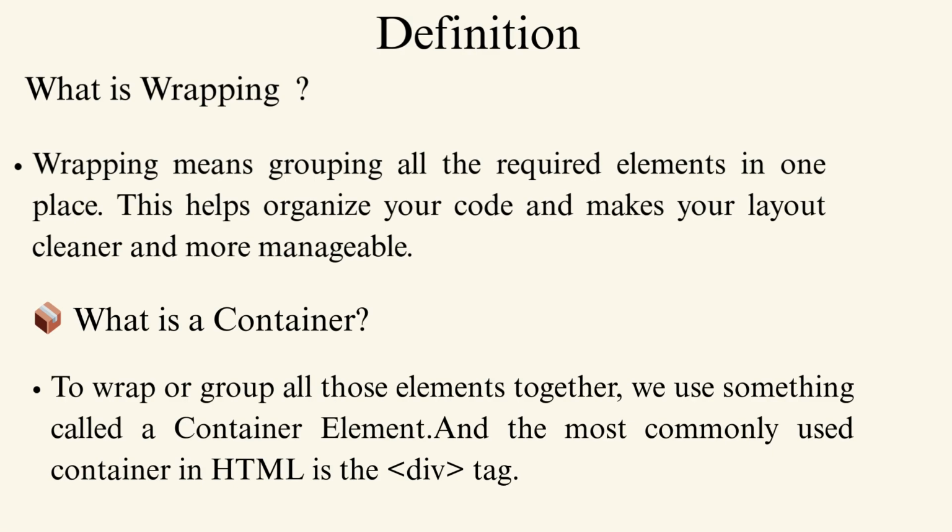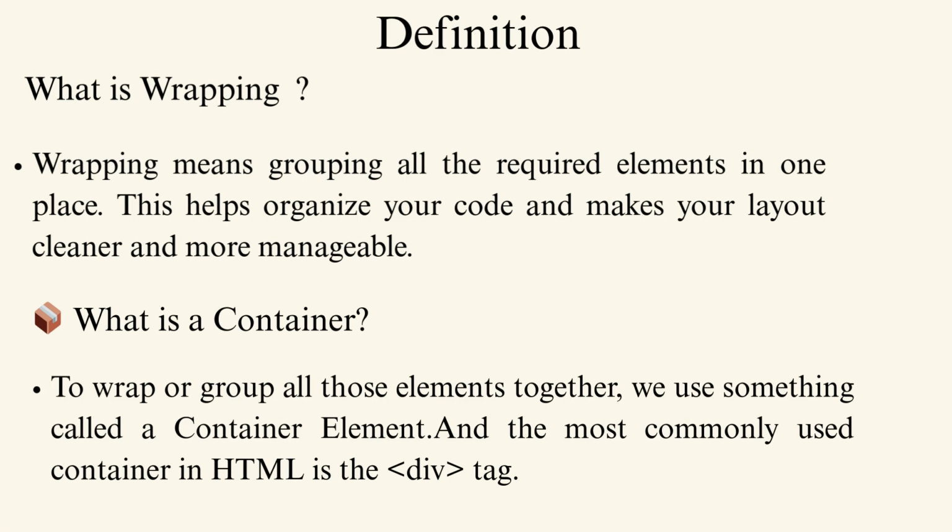Let's start with the definition. What is wrapping? Wrapping means grouping all the required elements in one place. This helps organize your code and makes your layout cleaner and more manageable. Second, what is a container? To wrap or group all those elements together, we use something called a container element.